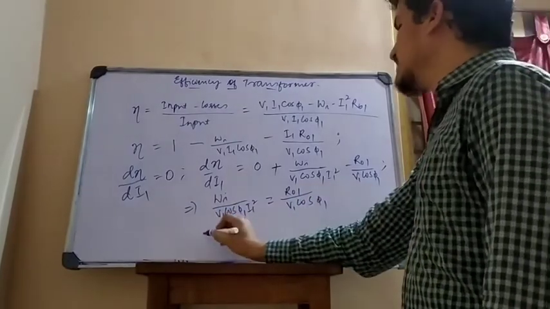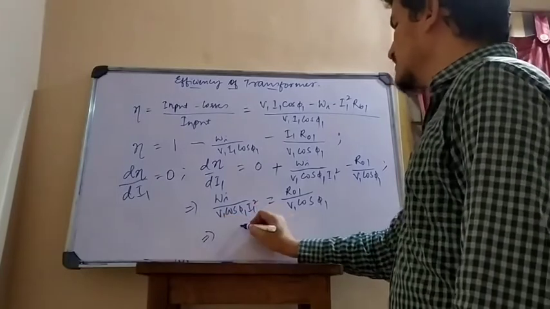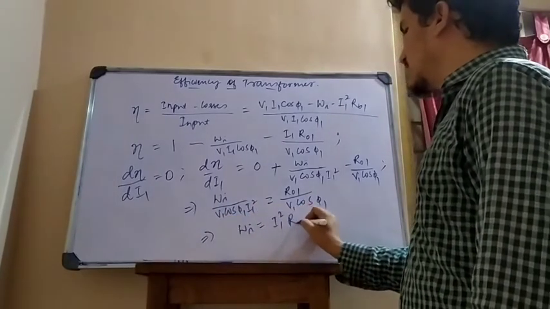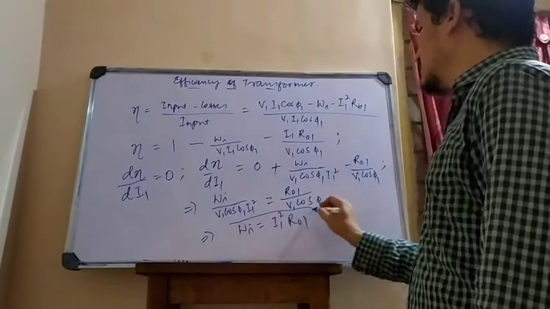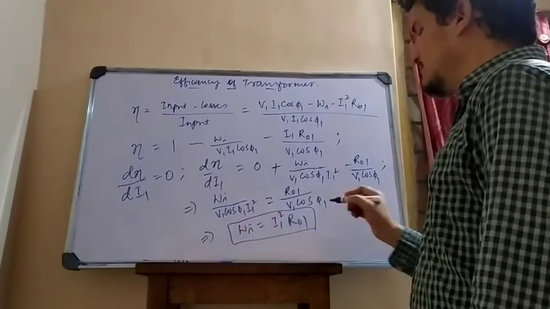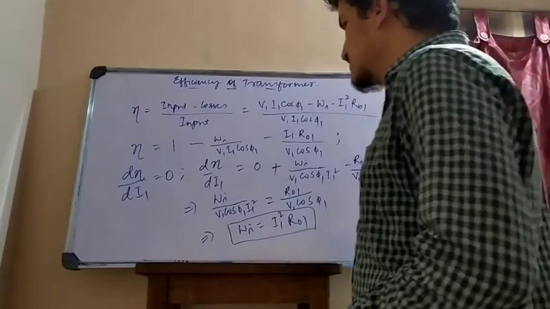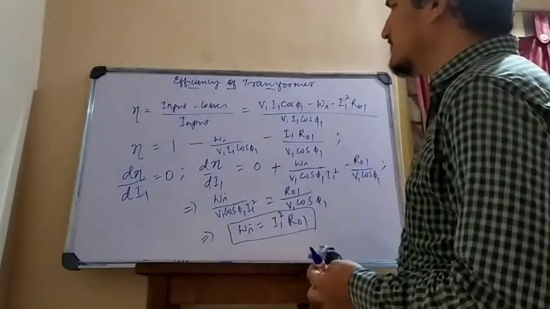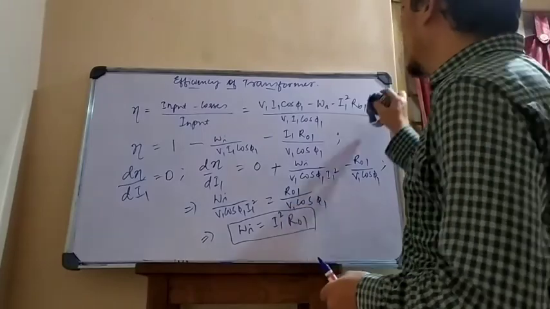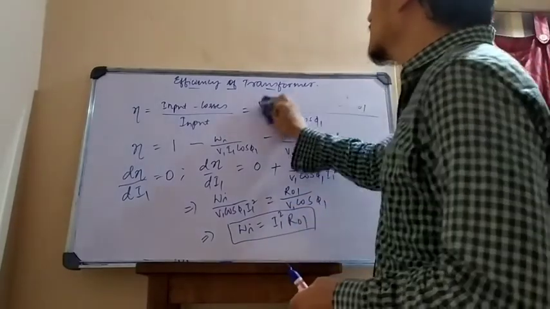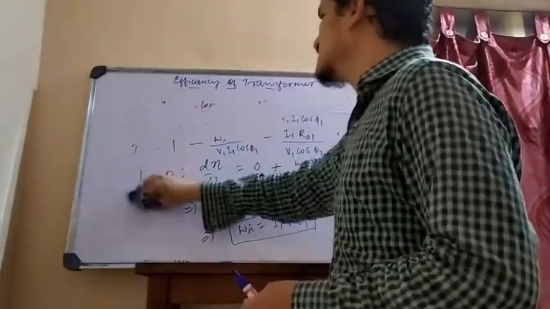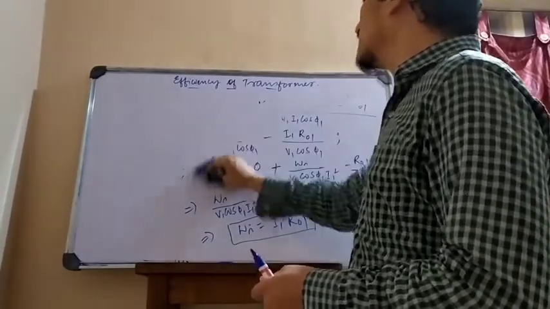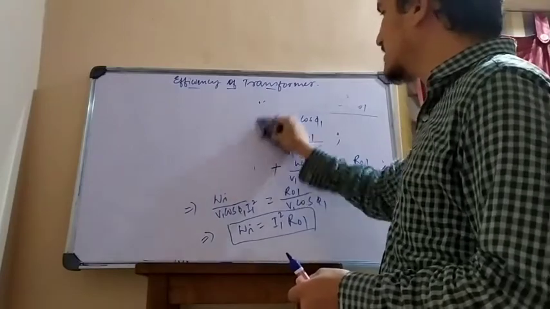So that implies Wi must be equal to I1 square R01. So what is the condition for maximum efficiency? Iron loss must be equal to copper loss at that particular load.